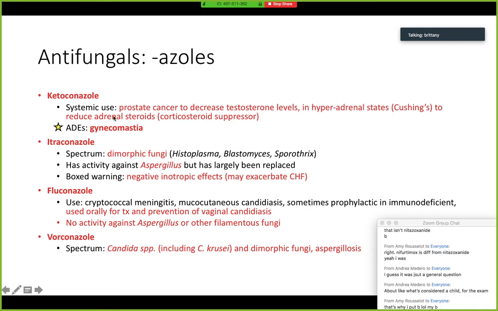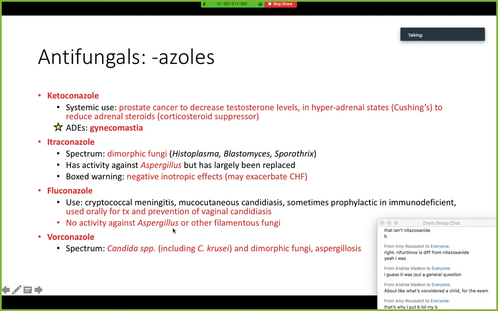So when they ask you what drug he's likely taking, it's going to be ketoconazole. So this is something that is going to come back up a lot. So I would make sure you know this one. I'd be surprised if she doesn't ask about it tomorrow.